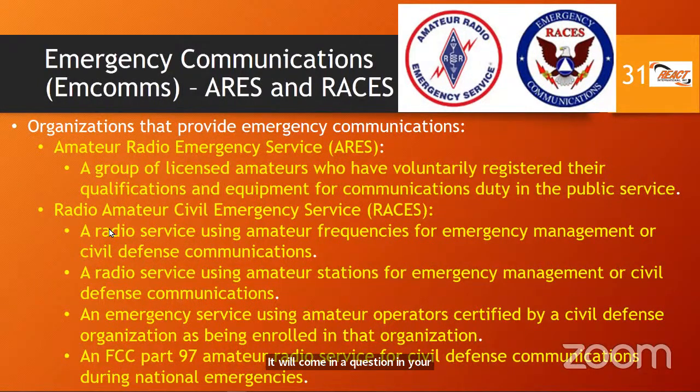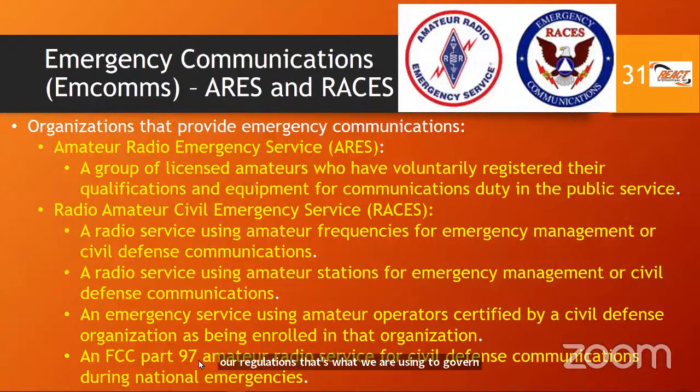Also, another question in the exam is this 4th bullet point, in that RACES is an FCC Part 97. Remember, we would have circulated with the question pool and all of the other documents. We would have given each participant a copy of FCC Part 97. That's our regulations. That's what we are using to govern amateur radio, at least in the United States.